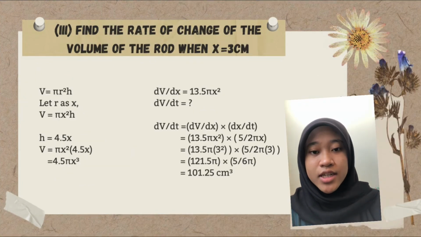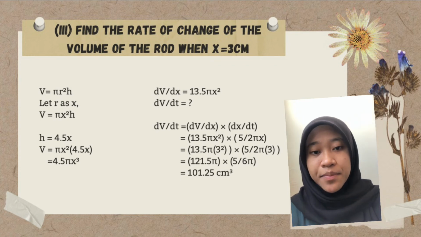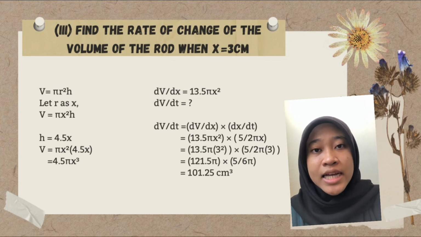For question 3, we need to find the rate of change of the volume of the rod when x equals 3 cm. So, we need to find dV/dt. First, we need to use the formula of the volume of a cylinder because the rod is a cylinder. So we use V equals pi r squared h. First, we let r be x, so it will become V equals pi x squared h.